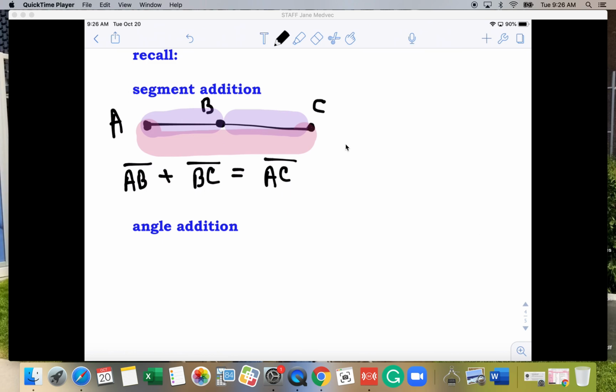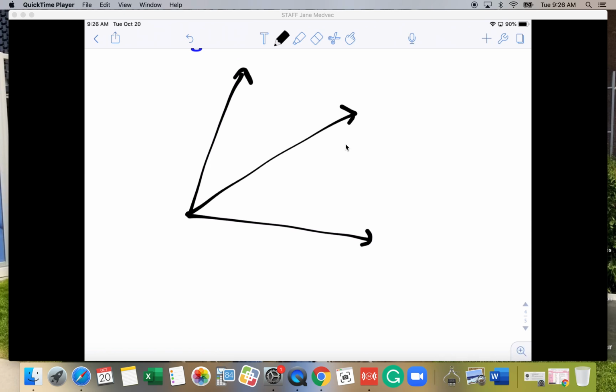Angle addition is the same type of thing, only rather than line segments, I'm going to do angles. Now notice that my rays have arrows on them.